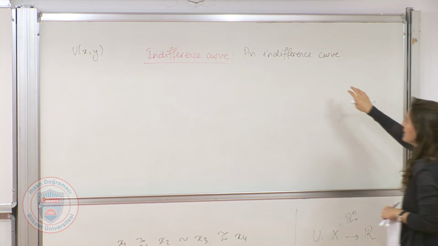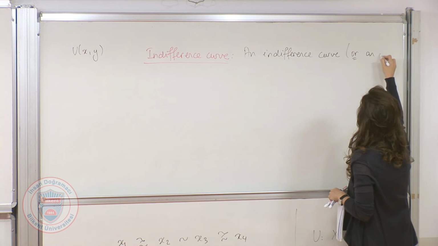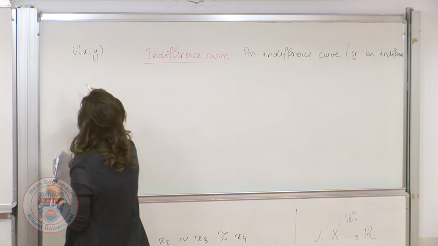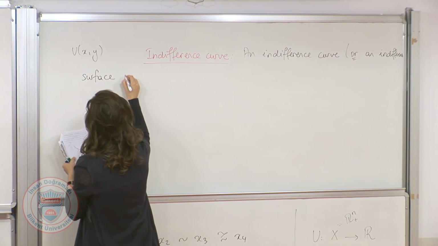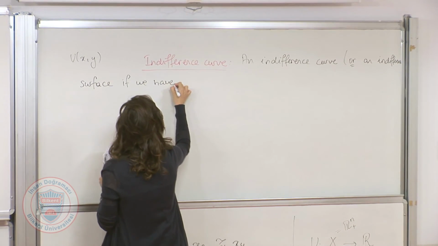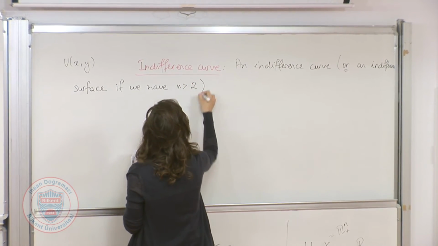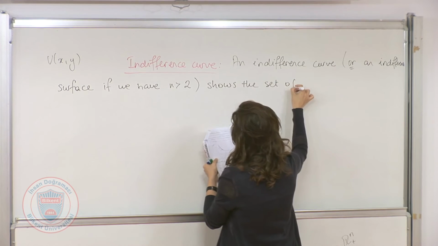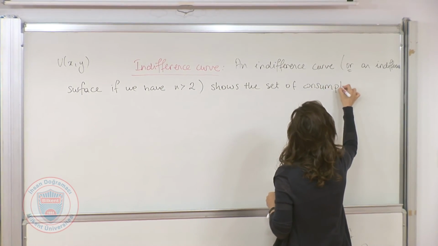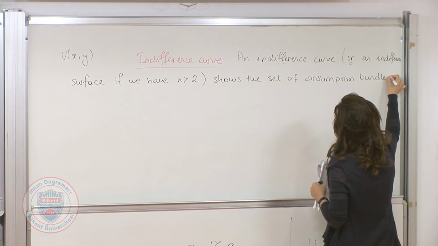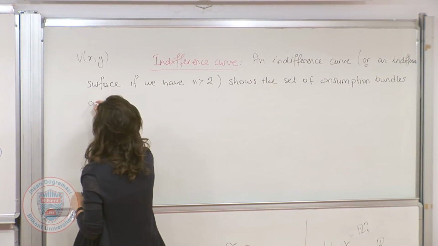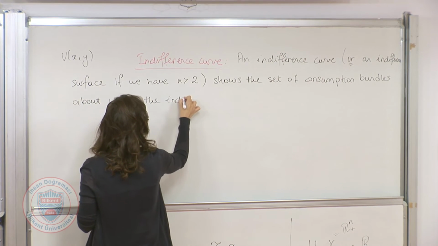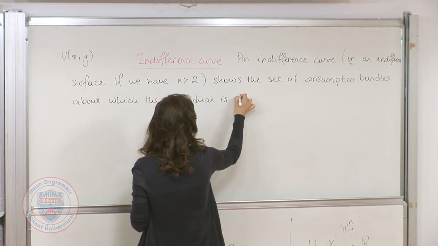So we can say that an indifference curve, or an indifference surface if you have higher dimension, n greater than 2, shows the set of consumption bundles about which the individual is indifferent.